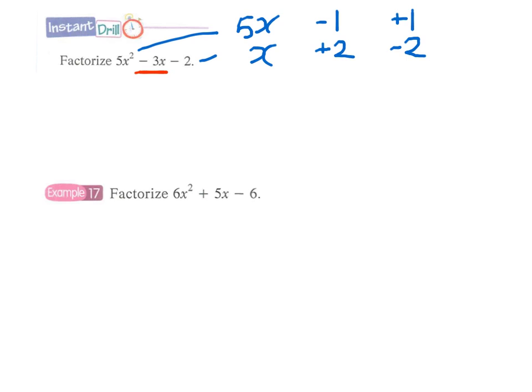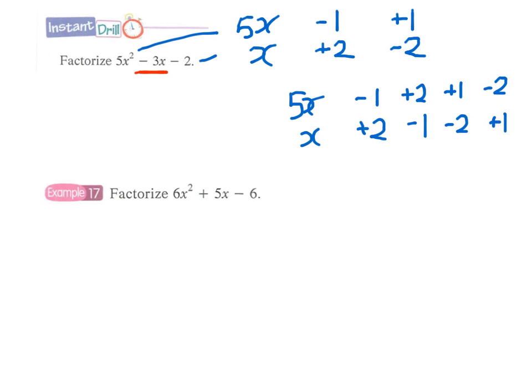And since there will be 4 groups of factors, we can write it in a more systematic and concise way, like this one. 5x, x, we have plus 1, minus 1, plus 2, or plus 2, minus 1, we interchange their position. And the second pair, plus 1, minus 2, and then we interchange their position again.